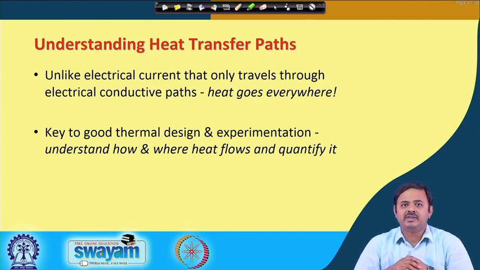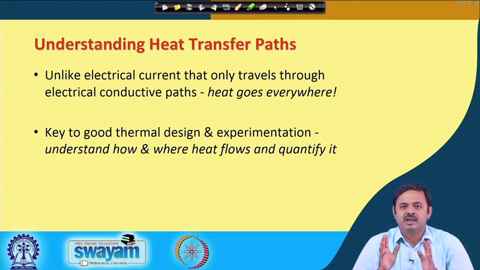Now, unlike electrical current that travels only through electrically conductive paths, heat goes everywhere. Okay. Now, the electrical engineers will probably say this is technically not correct, because even if it is an electrical insulator, there will still be some teeny mini movement of electrons and all.